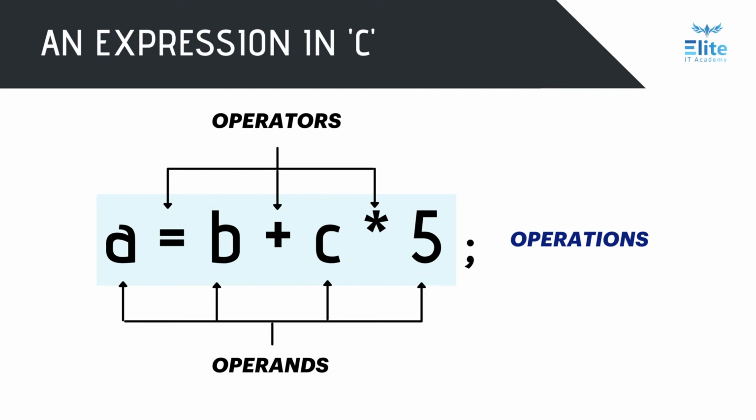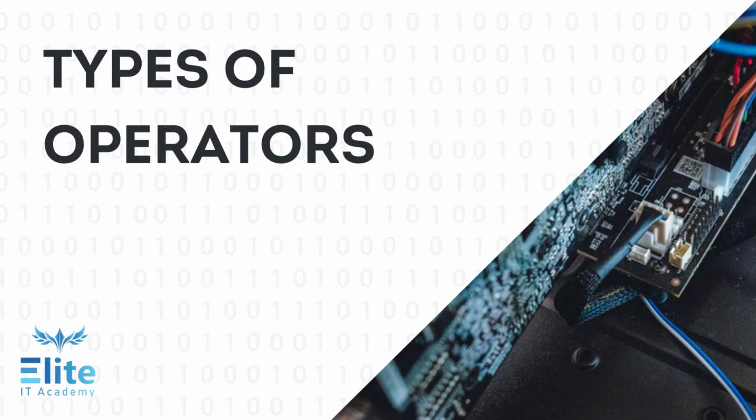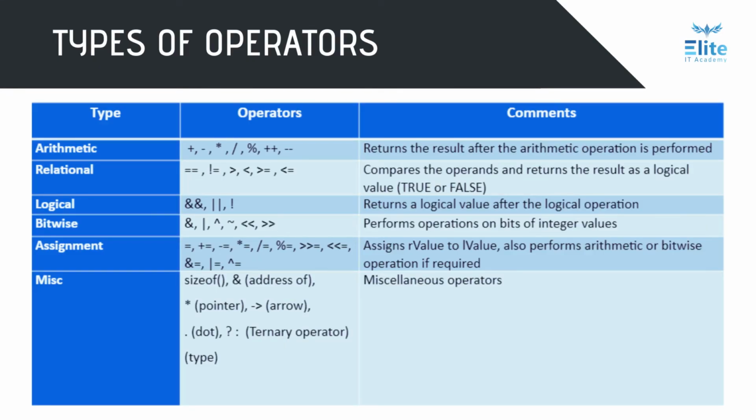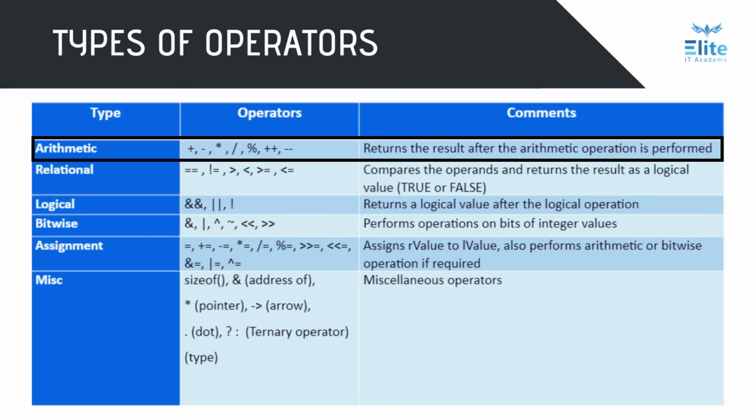There are many kinds of operators, and they are classified in two ways. You can classify operators based on their function or on the number of operands they use. Functionally, operators are of these six types. Arithmetic operators that are used to perform arithmetic operations.